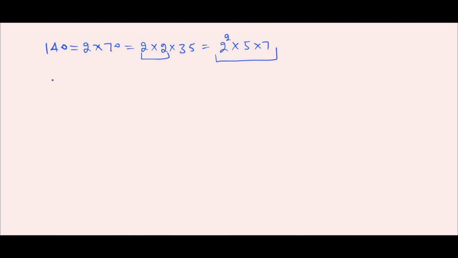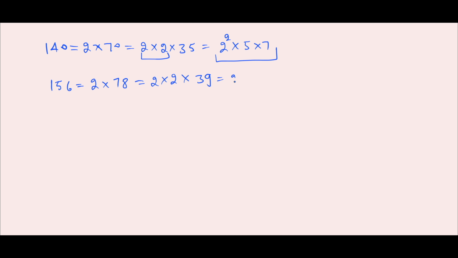In a similar way, to make our concept a little bit clearer, let us take another number, 156. So 156 is again an even number. Divided by 2, it will go 78 times. Now 78 is again an even number, we can divide it by 2 once more, so it will be 39 times.